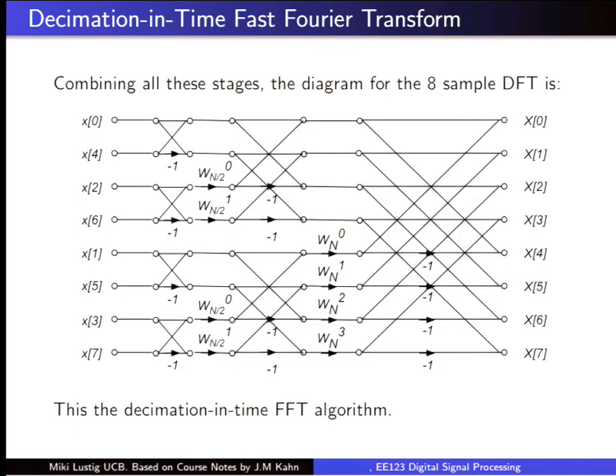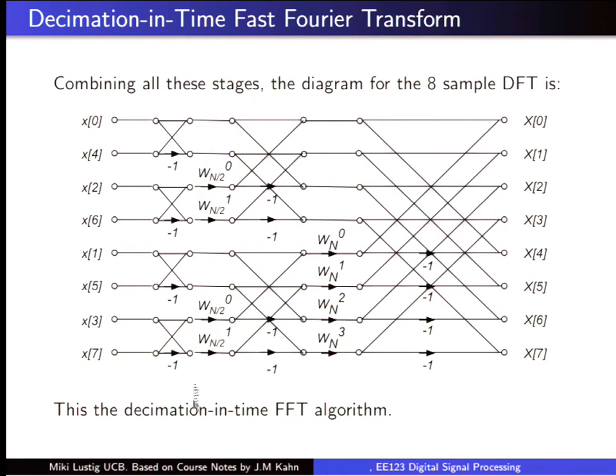Putting it all together into a tree, there you go. You've broken it down, and you got to the end where you just take these, add, subtract. You get some result. You take these, add, subtract, you get some result, multiplying by a twiddle factor. You take these, add, subtract, get a result. You take these, add, subtract, multiply by a twiddle factor.